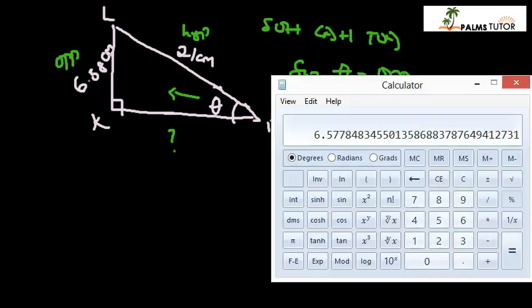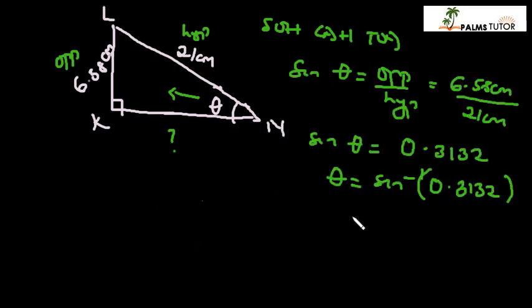I'll use my calculator for that. We're looking for the inverse ratio, that's arcsine, and that's 18.25 to 2 decimal places. We have theta equals 18.25 degrees. If we are rounding this to the nearest degree, 2 is less than 5, so it's going to be 18 degrees, which means our theta here is 18 degrees.